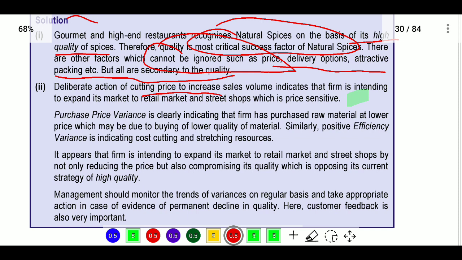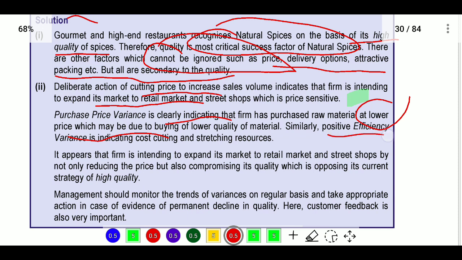When you sell at a lower price, more people will purchase, so your volume will increase. It was intending to expand into the retail market and street shops, which are price sensitive. The purchase price variance is favorable, which clearly indicates that the firm has purchased raw material at a low price, which may be due to buying lower quality material.